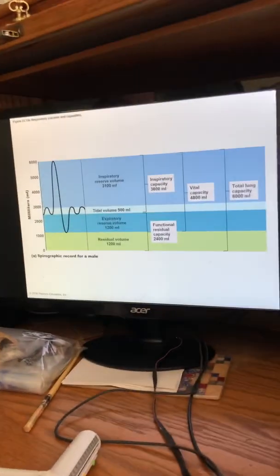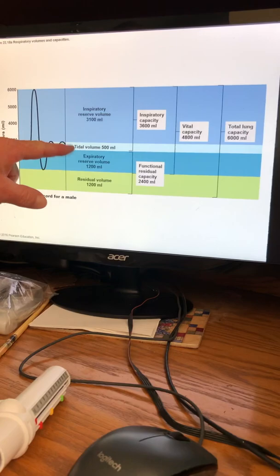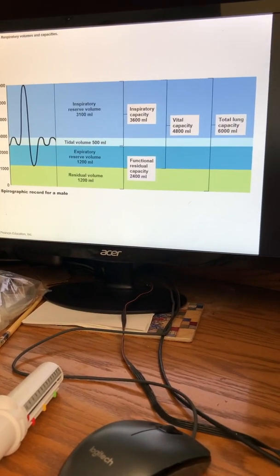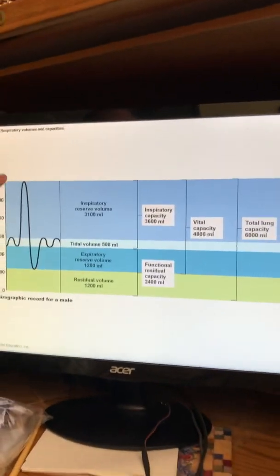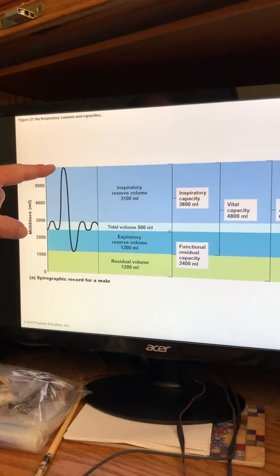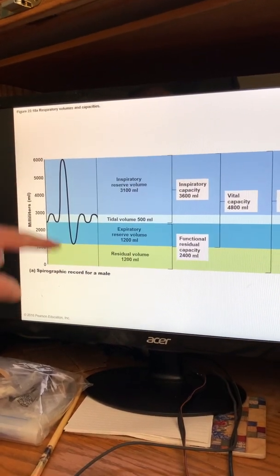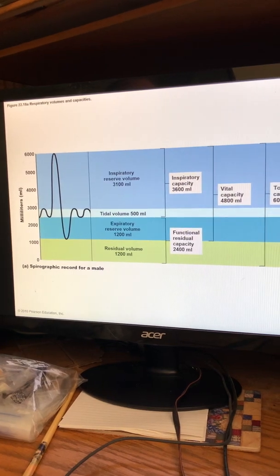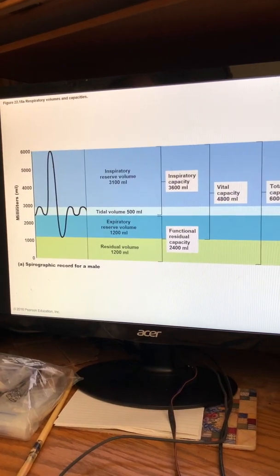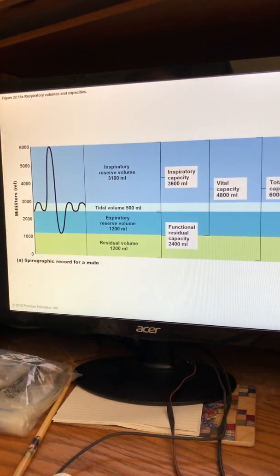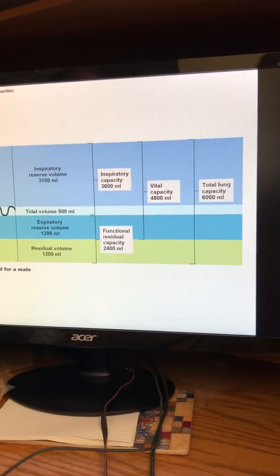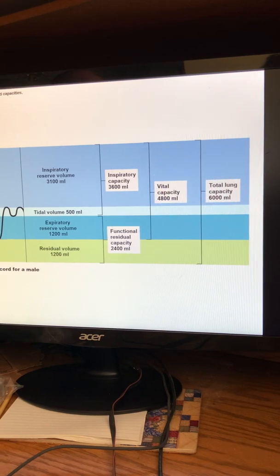So going back to what we were doing on here, you just sitting in your chair, you are doing normal tidal volume. Breathe in, breathe out, breathe in, and repeat it. Sometimes as you took a breath in, or I took a breath in, I got all the way up to here, and as I blew it down to here, I got a measurement on the spirometer. The vital capacity is supposed to be about 4 liters, 4.8 liters, or we'll say 5 liters.